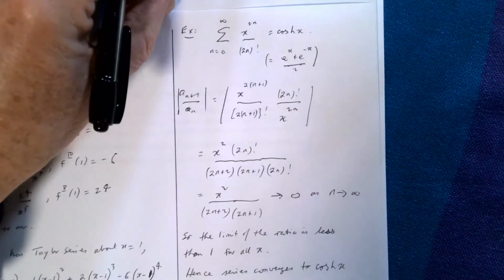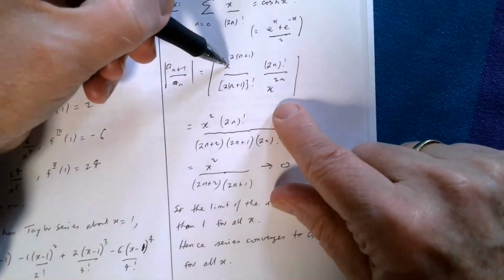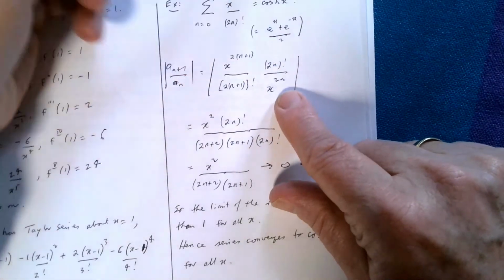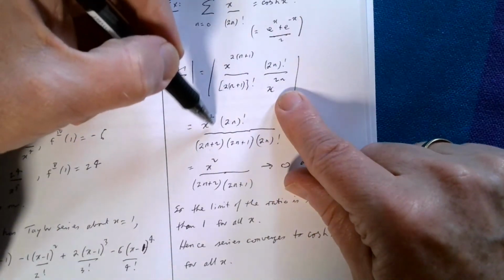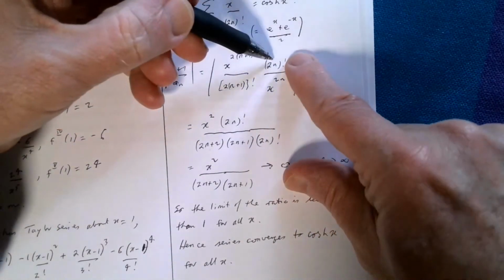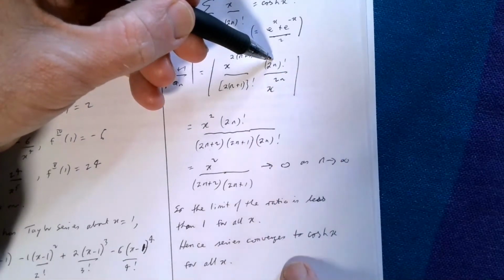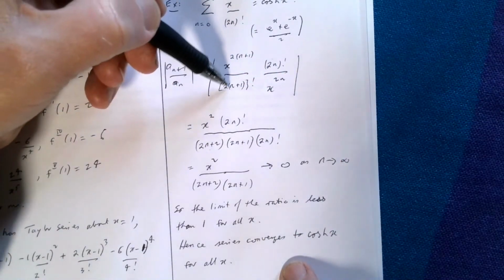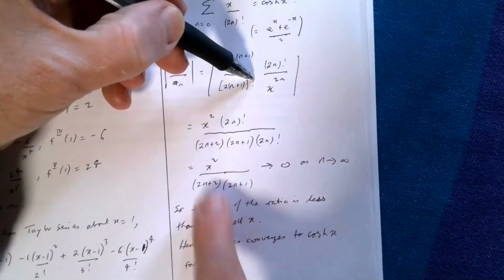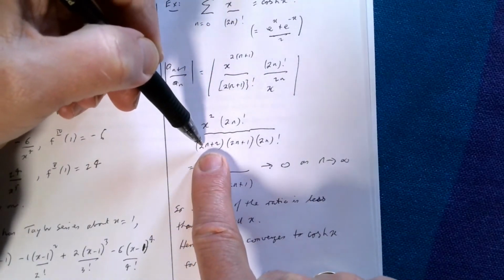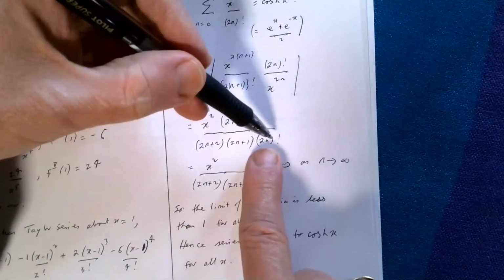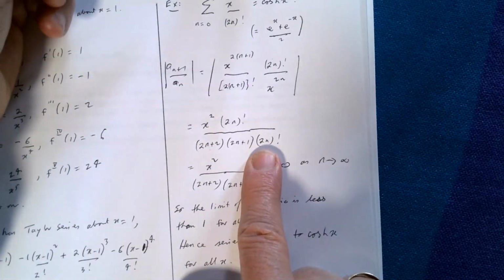Now again, do the x's first. So you get x to the 2n plus 2 divided by x to the 2n, which is x squared. And I'm left with 2n factorial on top. On the bottom I've got 2n plus 2 factorial, which is 2n plus 2, times 2n plus 1, and then all the numbers less than that, 2n factorial.